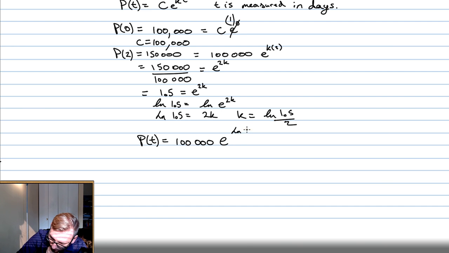Natural log of 1.5 over 2 times t. We're going to sub in 7. So P of 7 is 100,000 e to the natural log of 1.5 over 2 times 7.